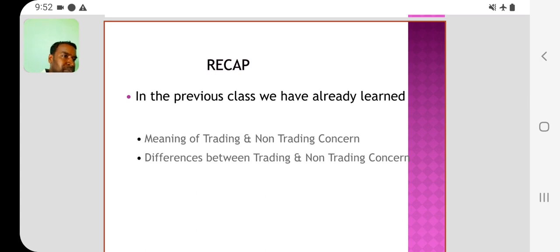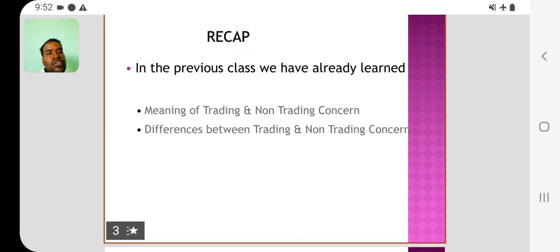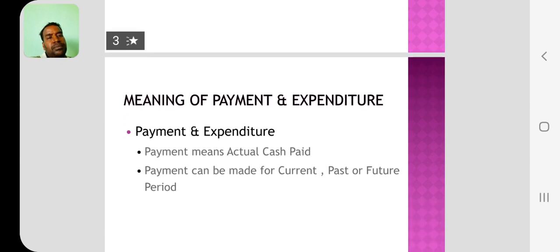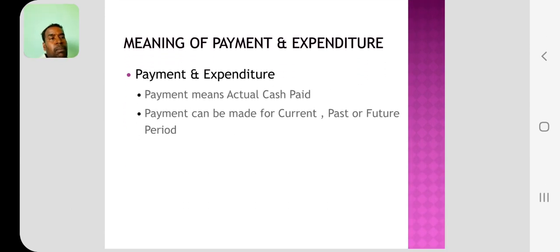After a long time, the partnership came. Partnership means a minimum of 2 persons or a maximum of 20.